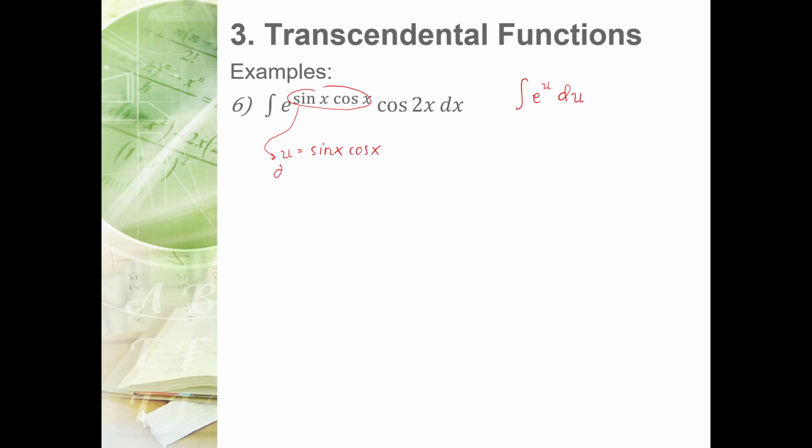So getting the derivative, again we have to use the product rule. So u dv plus v du. So sine x, derivative of sine x is, u dv plus v du.